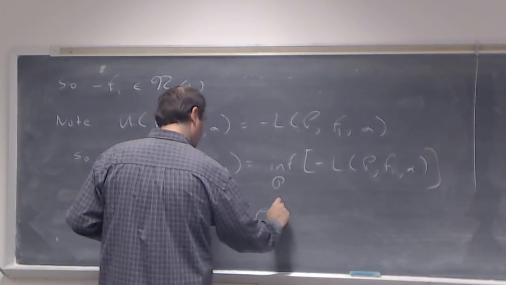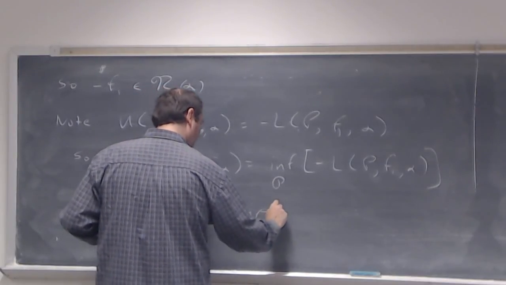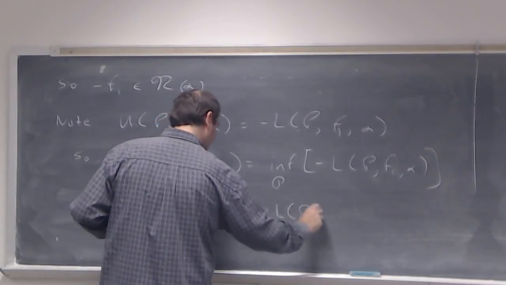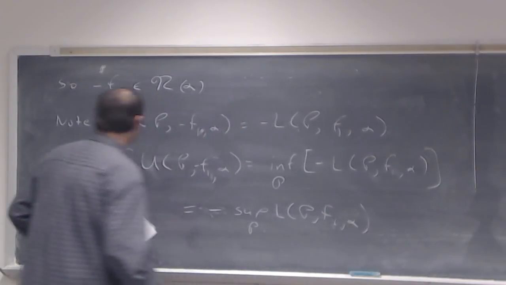This should be minus the supremum over all partitions of L of P of f sub 1 alpha.